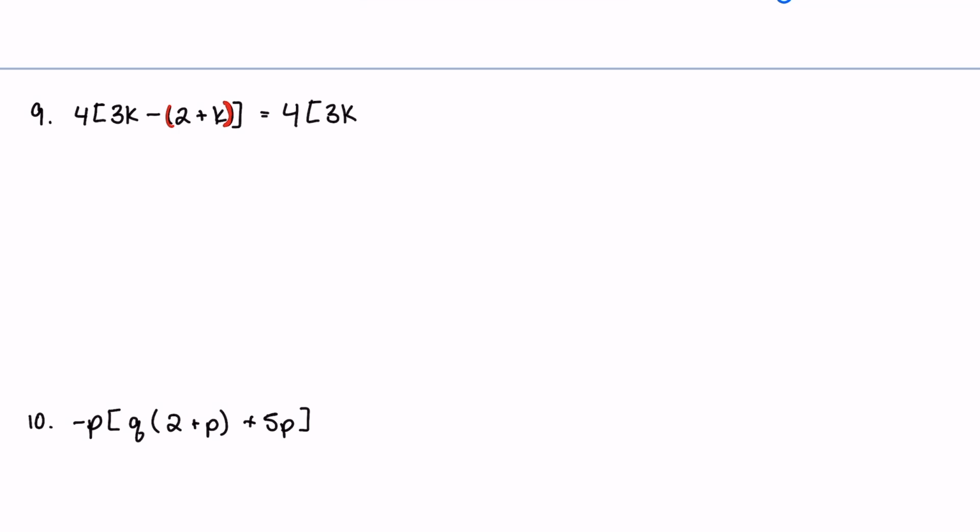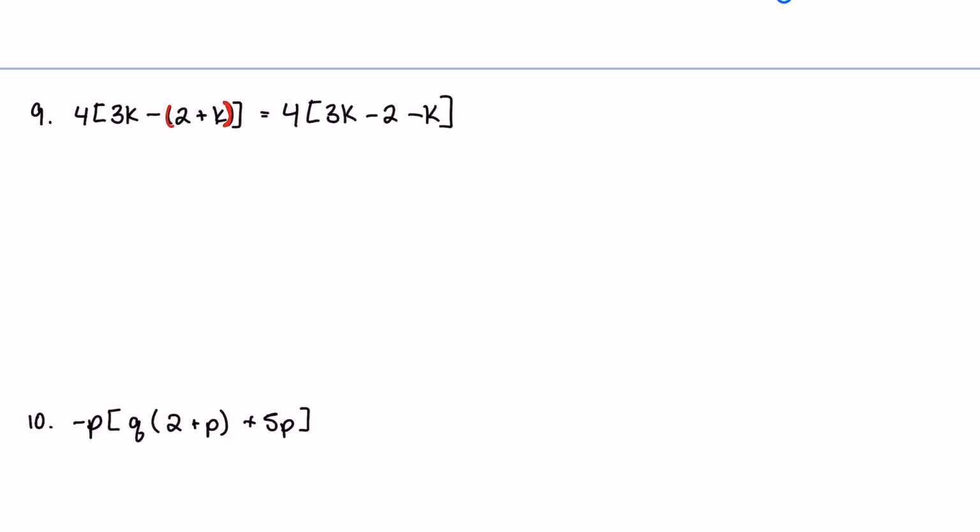And then while it looks like there is no number here, this negative sign means a negative 1 is getting distributed to the brackets, because this is the same thing as negative 1 times 2 plus k. So we can write that now. So that's going to be -1 times +2, so -2, and -1 times +k, so -k. And then we can close our bracket here.